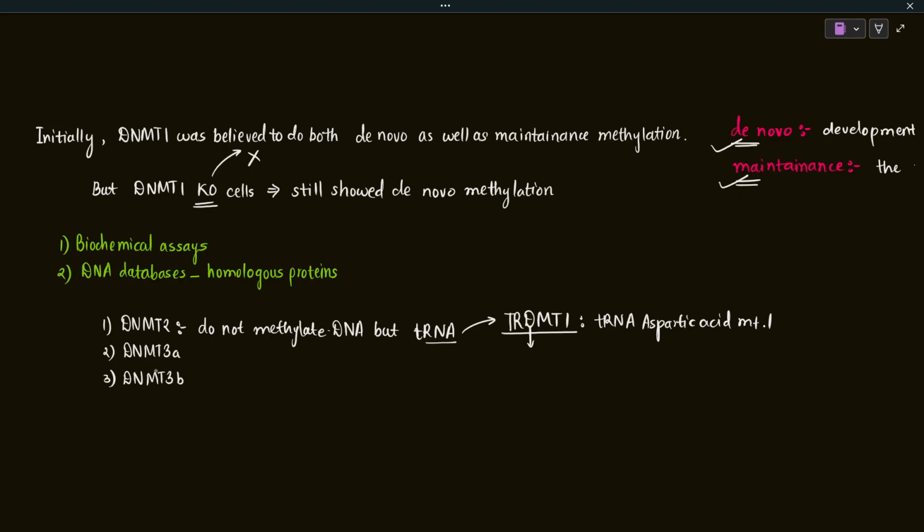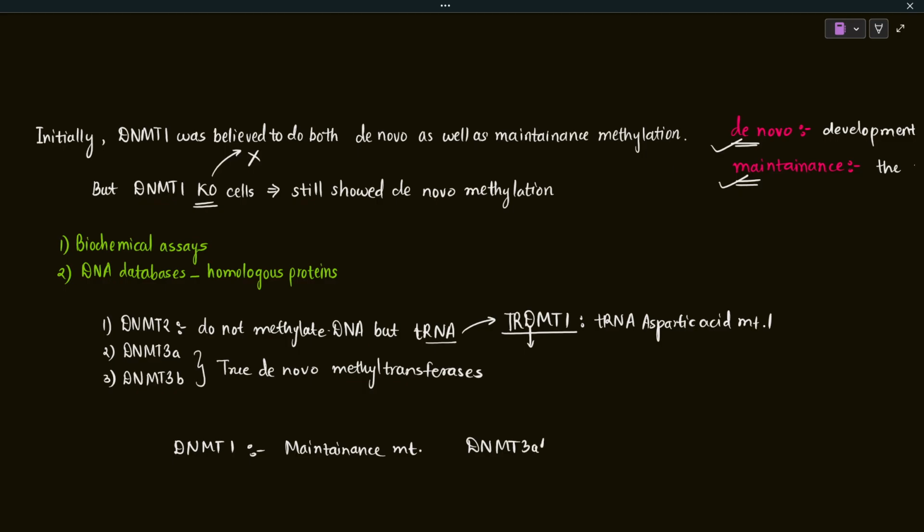And then the other members, DNMT3a and DNMT3b, were found to be the true de novo methyltransferases. So scientists established the fact that DNMT1 is actually a maintenance methyltransferase, while DNMT3a and 3b are de novo methyltransferases.